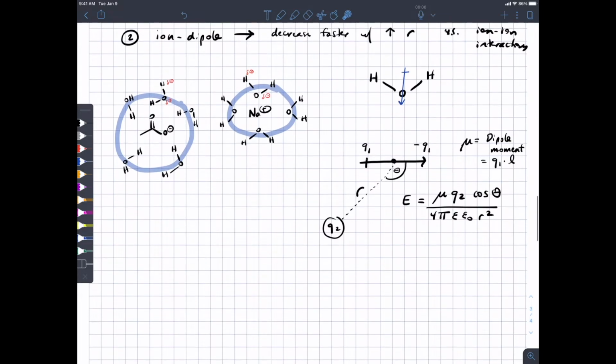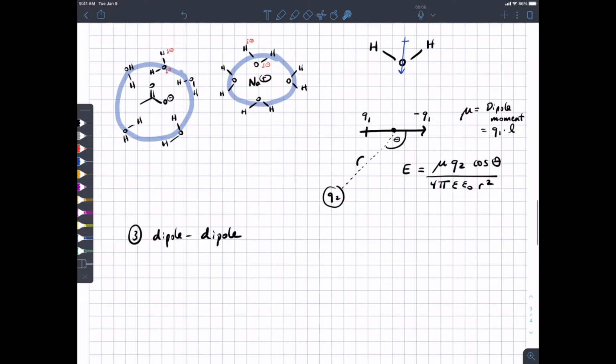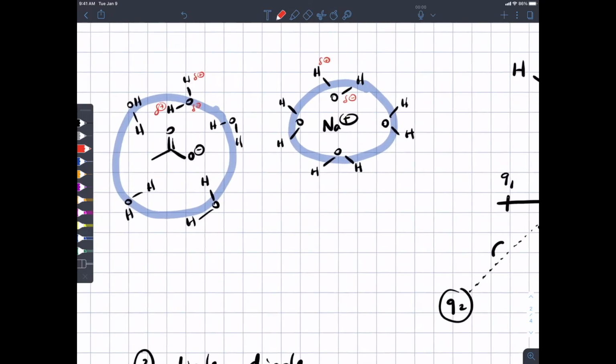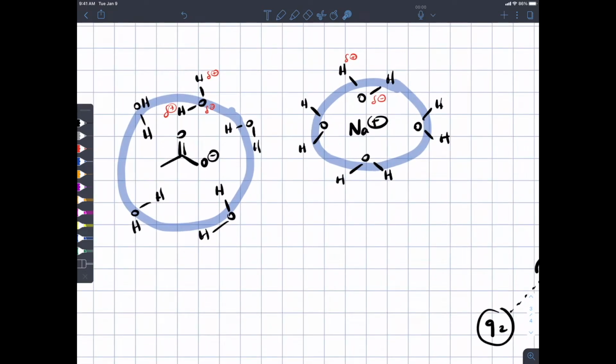While we're dealing with this, we might as well deal with dipole-dipole interactions as well. And in both of these categories, ion-dipole and dipole-dipole, you can find something called hydrogen bonding. As an example, here we have the electron poor end of the water molecule dipole closely interacting with the negatively charged oxygens of the acetate anion.